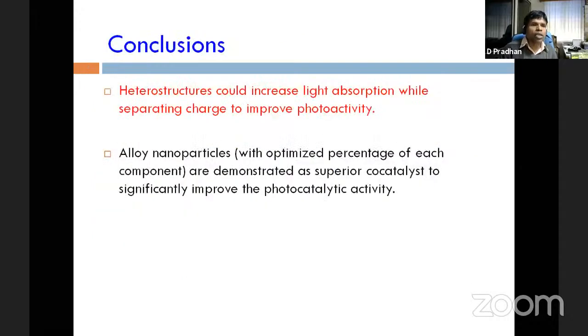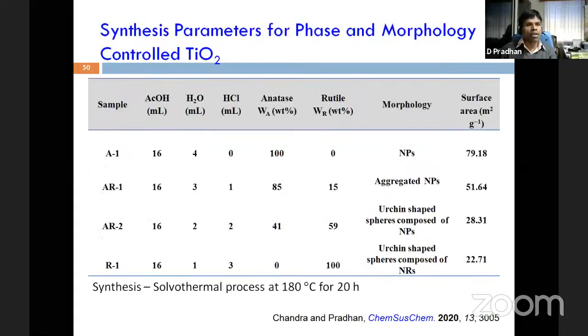So in conclusion, the heterostructure certainly improves light absorption and charge separation ability, producing higher performance. Alloy particles with an optimum ratio were found to be superior compared to a single metal.